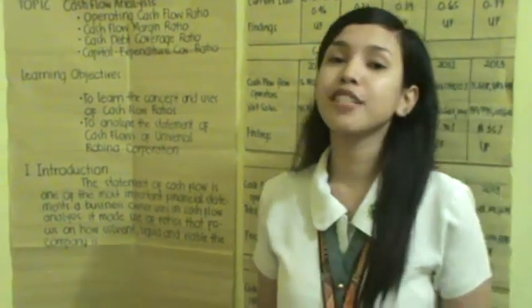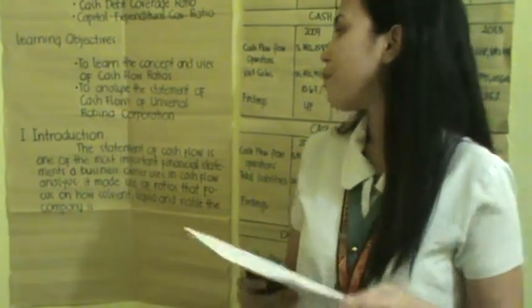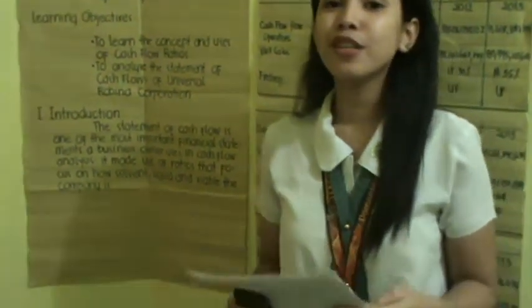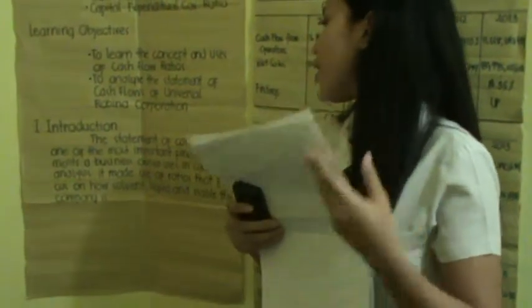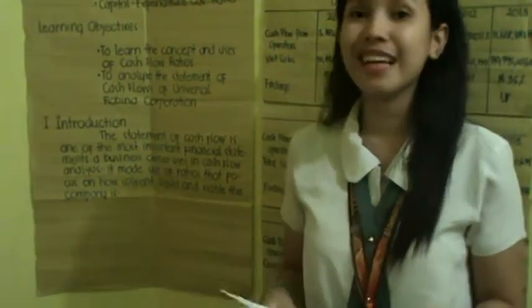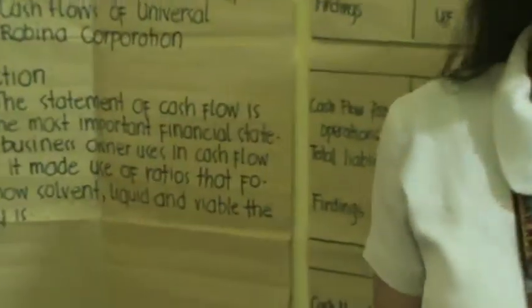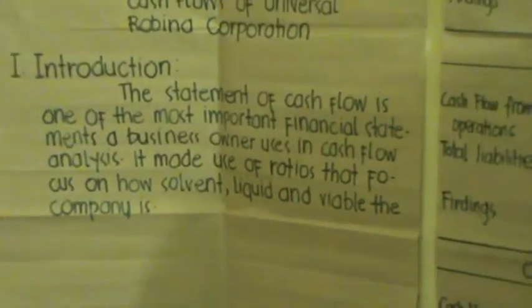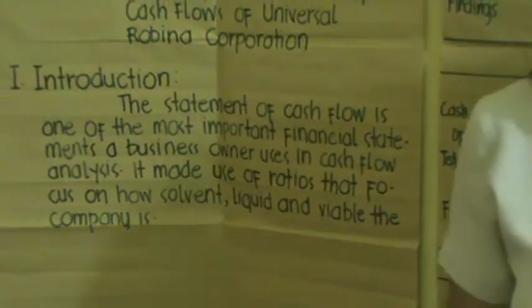The statement of cash flow is one of the most important financial statements that a business owner uses to analyze the cash flow. It makes use of ratios that focus on how solvent, how liquid, and how viable the company is.